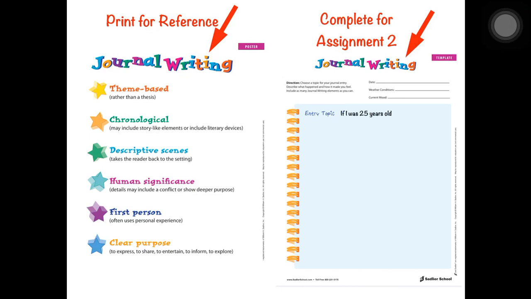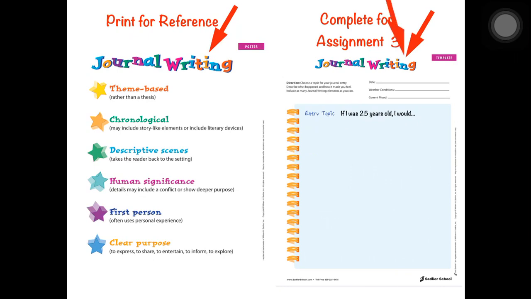Then for assignment 3 this week, I'm going to give you the topic to write on. If you can see there, it says, if I was 25 years old, I would. And I want you to continue this prompt. This is also a nice way to do a journal entry. So your assignment number 3 is to complete a journal entry about if I was 25 years old, I would.